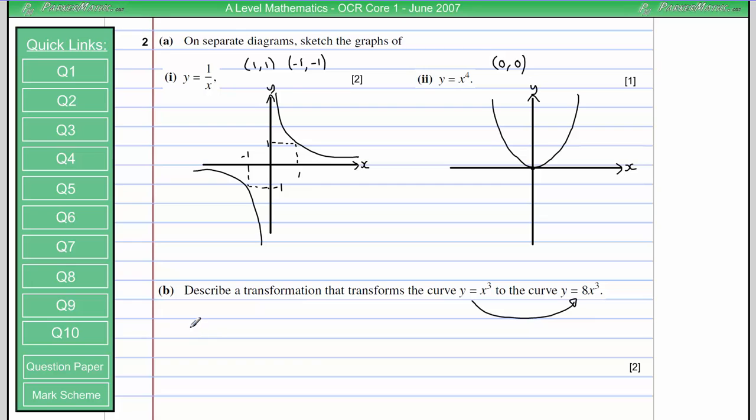And the effect that has is that it has a stretch. And the amount that it's stretched is 8 times as much. So we say it's a stretch of scale factor 8. And it's stretching it upwards. So we would say in the y direction.